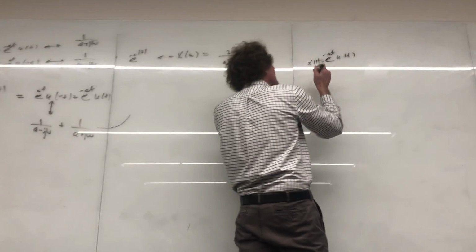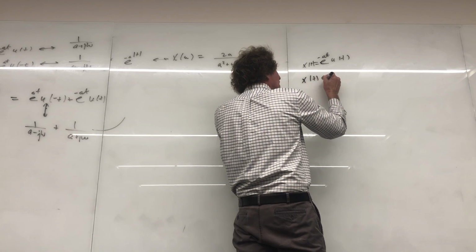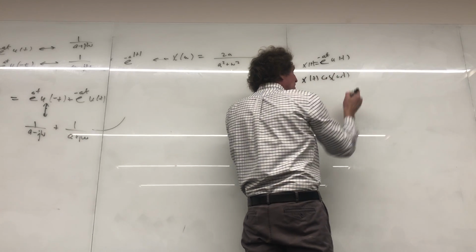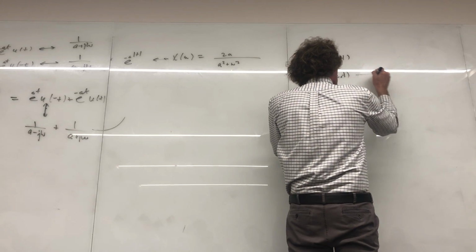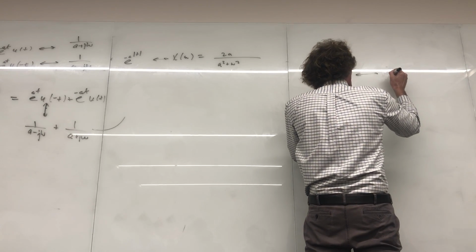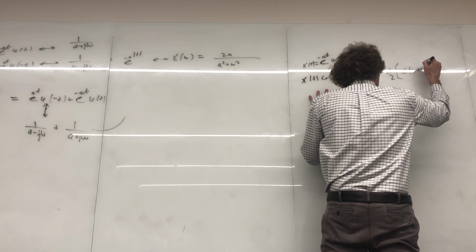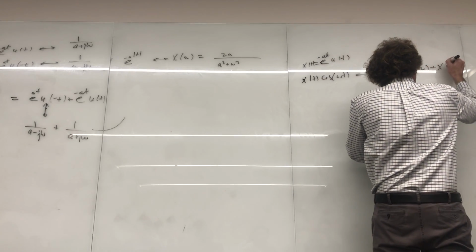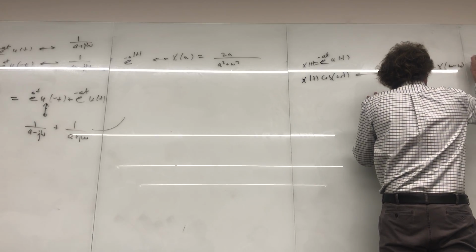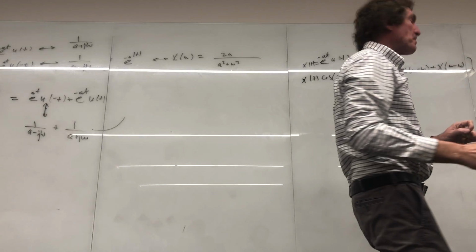If I take x of t and multiply it by cosine of omega naught t, what happens? That's simply 1/2 X of omega plus omega naught plus X of omega minus omega naught, right? Now, the key thing is the spectrum.